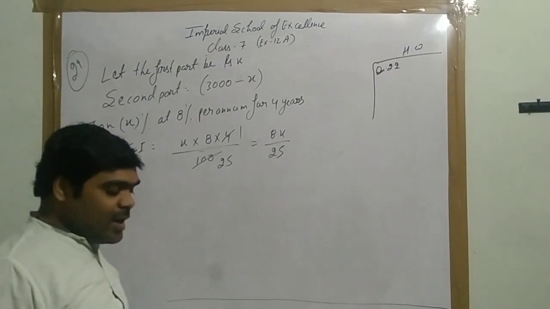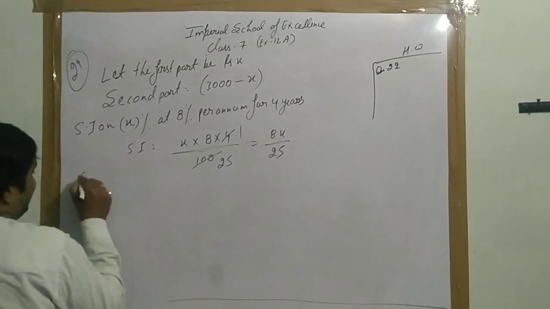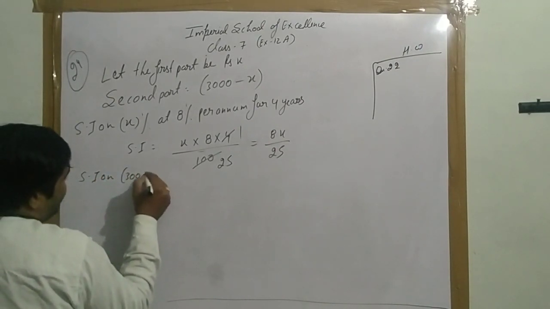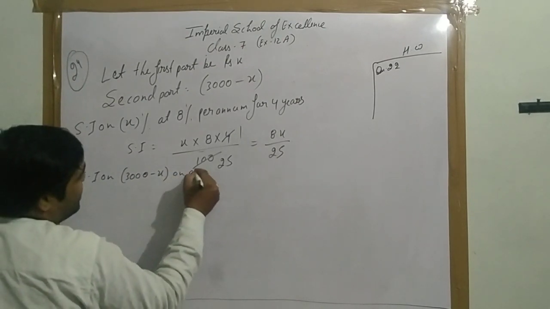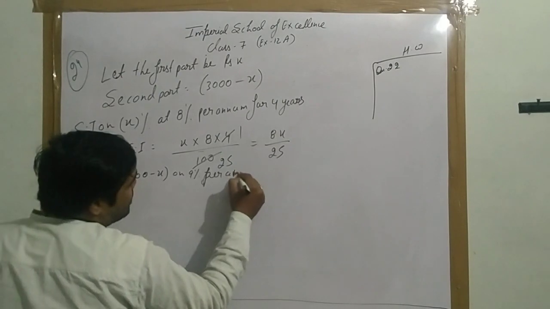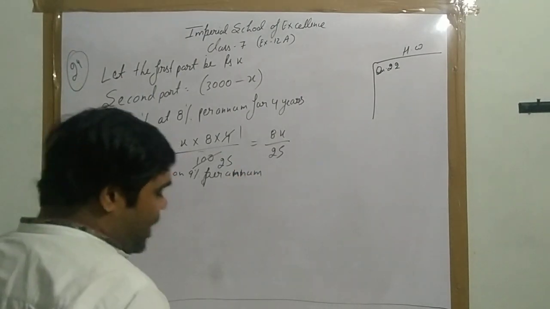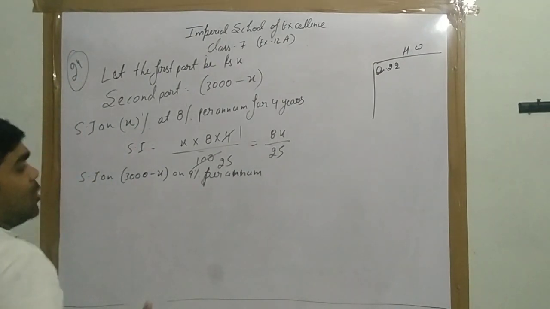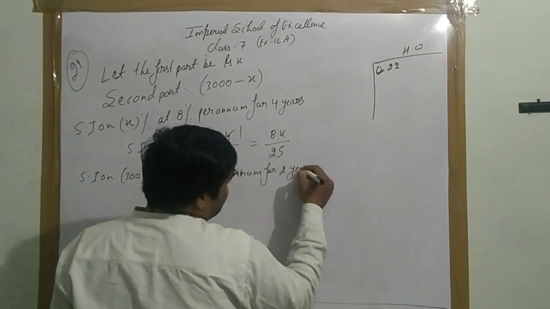Now SI on 3000 minus x at 9% per annum for 2 years. The time is given here as 2 years.